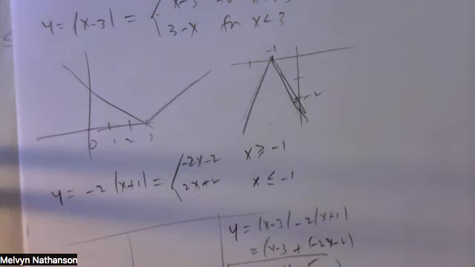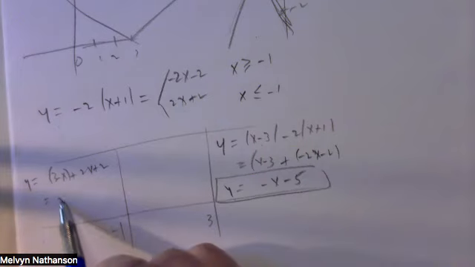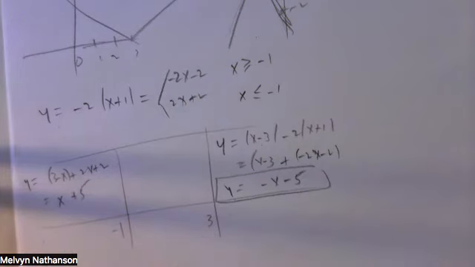Yeah, that looks good. And when x is less than -1, x minus 3 in absolute value is 3 minus x. And when x is less than -1, the other term is 2x plus 2. So this is x plus 5.